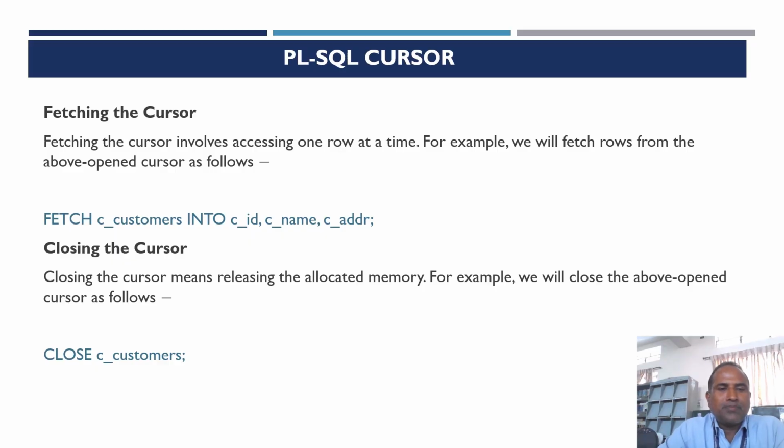Next, fetching the cursor: FETCH c_customers INTO c_id, c_name, c_addr. All the contents like ID, name, address are stored in these variables. After fetching the values from the cursor, we have to close the cursor. These are all the steps we have to follow while writing a cursor.